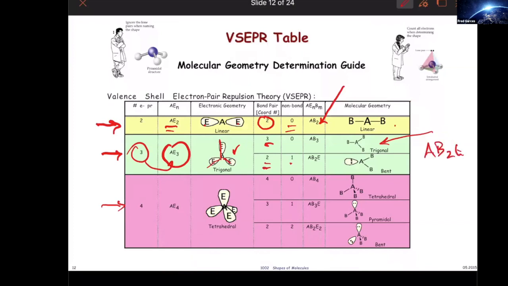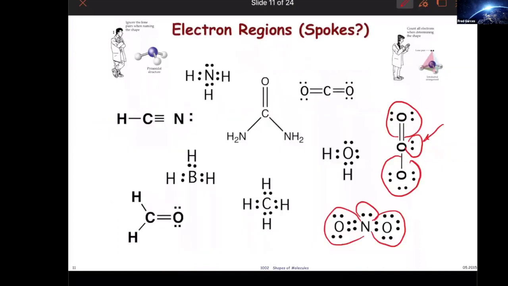Because you can only see atoms when you're looking at molecular geometry, the structure is bent because its skeleton is trigonal. So these chemicals right here are actually bent chemicals because this lone pair on top pushes these atoms away. This nitrogen is going to be bent as well because this lone pair on top pushes these bonded electrons away.